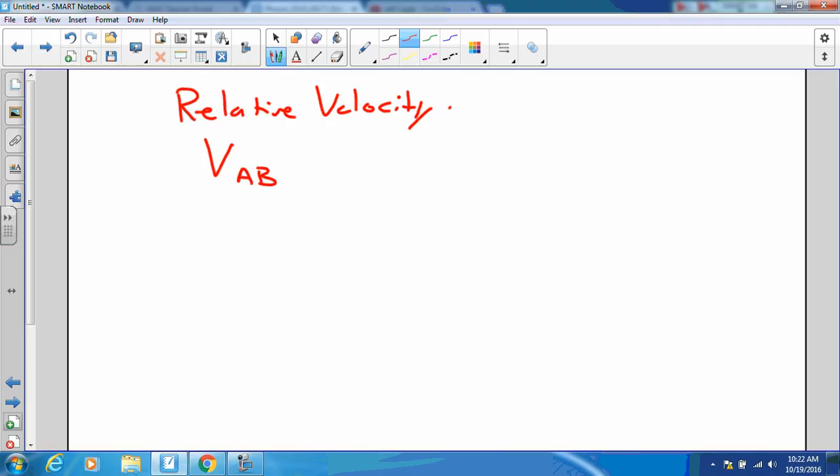And how do I read the velocity sub AB? What do the A and B refer to? It's pronounced the velocity of A with respect to B. A is the object whose velocity we are measuring.